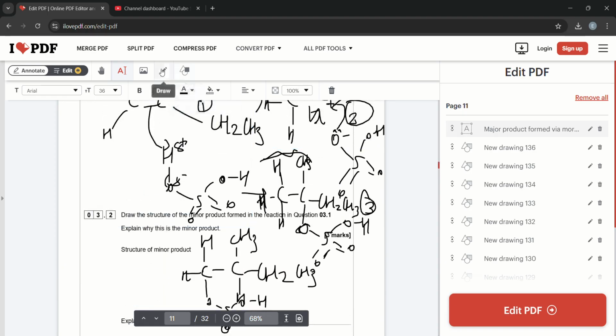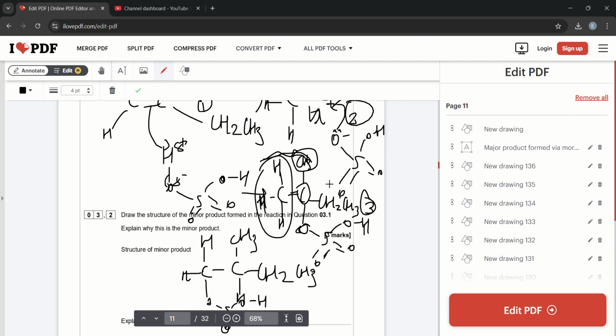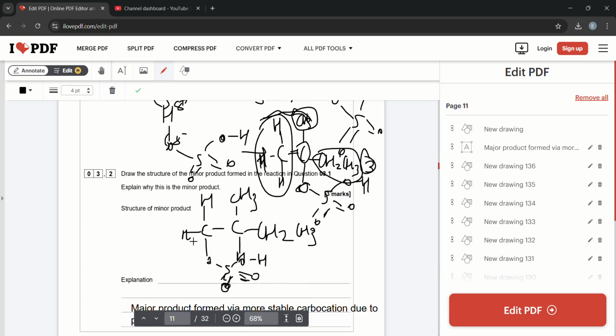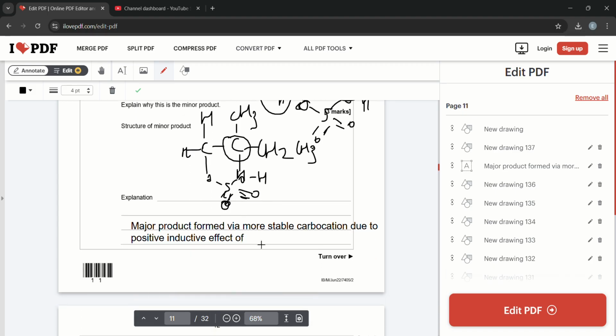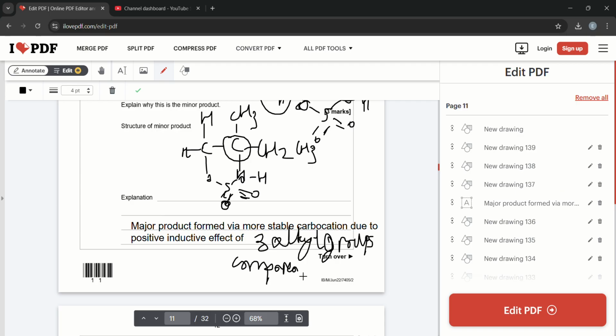If you look at the major product, this carbon is attached to one alkyl group, CH3, another alkyl group, CH2, then this CH2, CH3, so that's 3 alkyl groups. Whereas the minor product, this carbon is only attached to one alkyl group. So due to the positive inductive effect of 3 alkyl groups compared to one alkyl group.